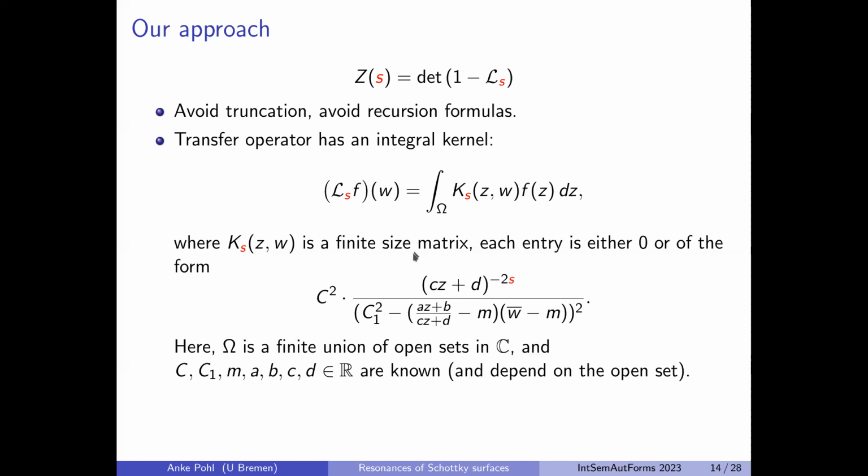You have a kernel which you have in explicit terms. So whenever you give me your favorite Schottky groups, I would write down all the C, Ds and Ms and whatever. And this kernel is just a finite size matrix, and every entry is of this form down here. So it's not too inconvenient, or it's a zero, and there are actually quite a lot of zeros involved.